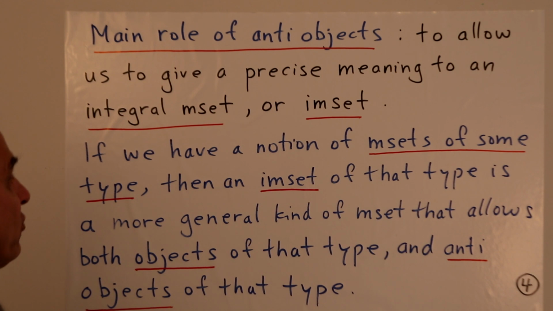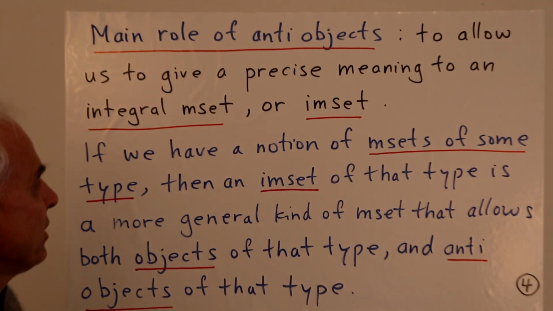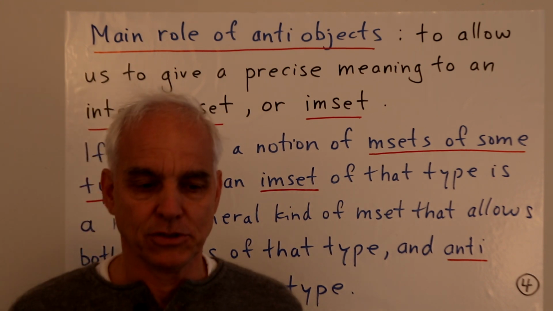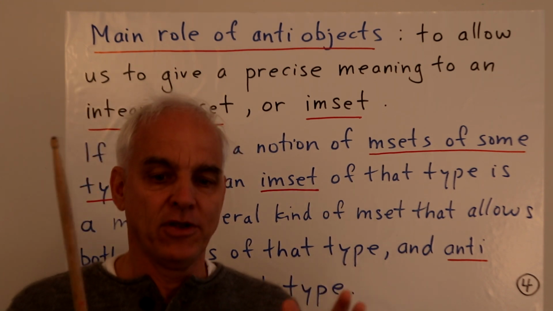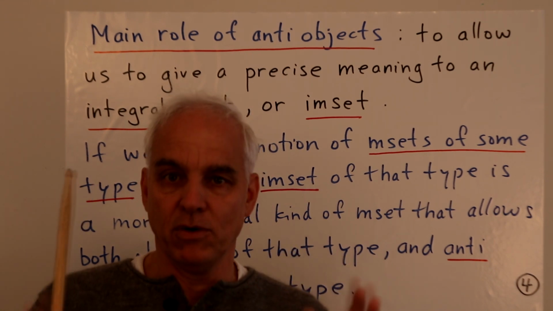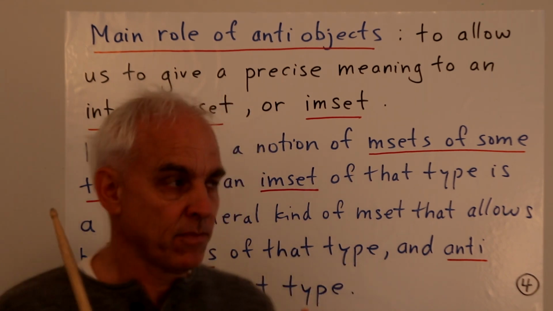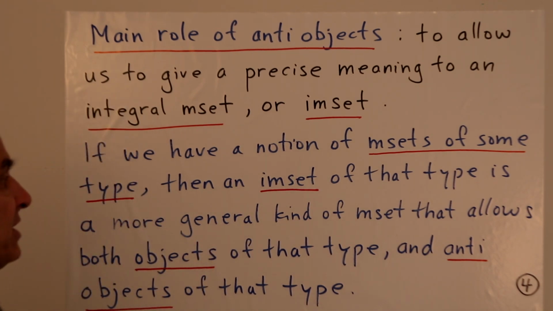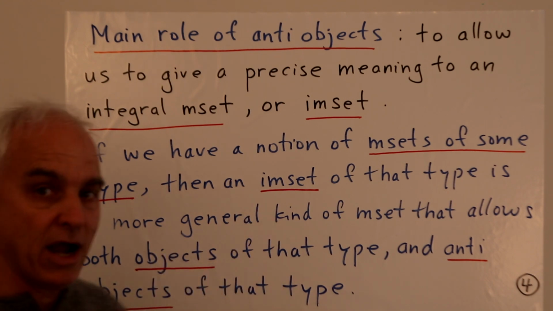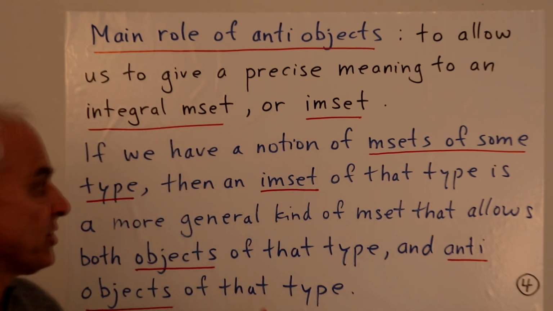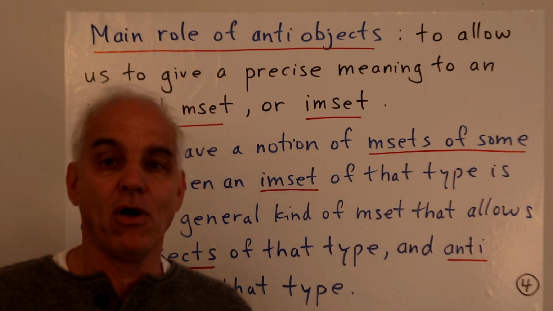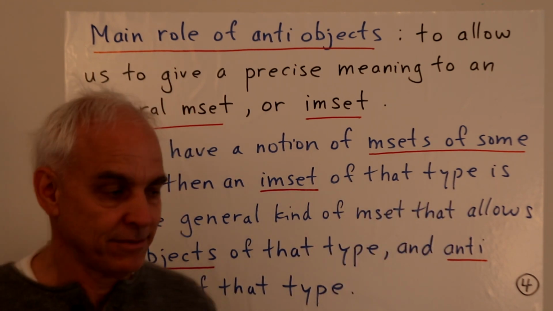And what is an integral mset? Well, suppose that we have a notion of mset of some type. So we've decided on msets whose elements are of a certain type, and we have a very clear idea of what we're talking about in that context. Then we'll consider imsets of that type to be a more general kind of multiset that allows not just the objects of the type that we're considering, but also their antis.